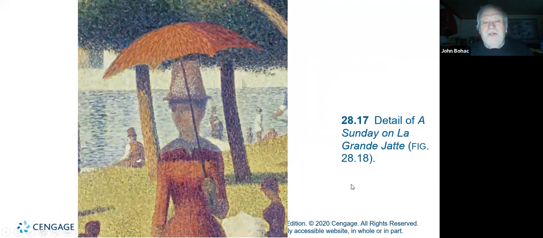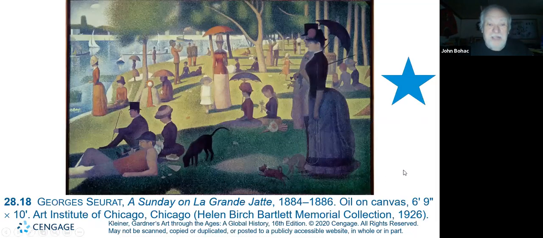And so the good life, you guys probably recognize this. Sunday on the Isle of La Grande. And here it is, a Sunday on La Grande. And bottom line is this. You guys have seen this before, I'm sure.